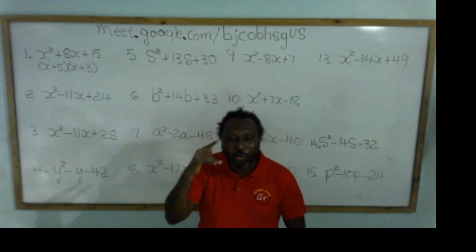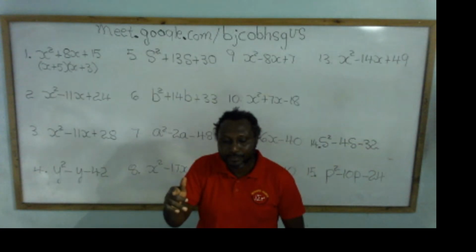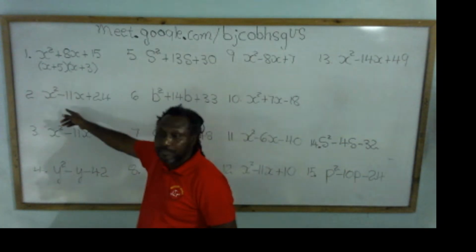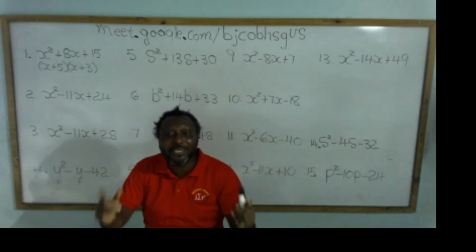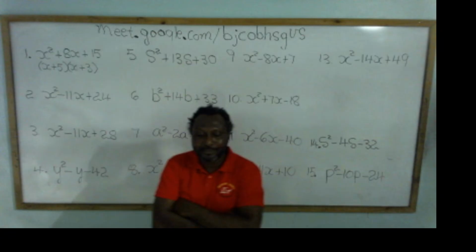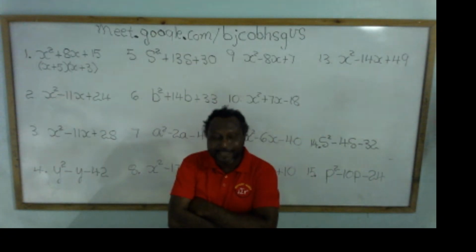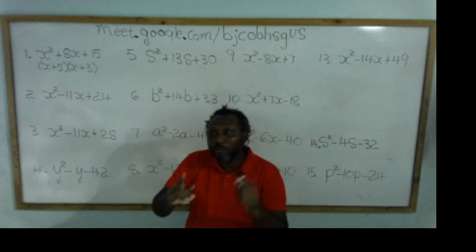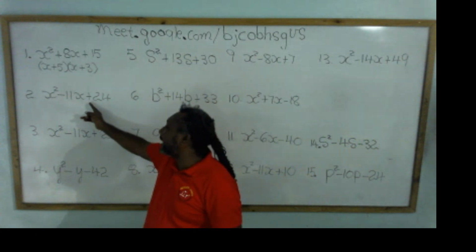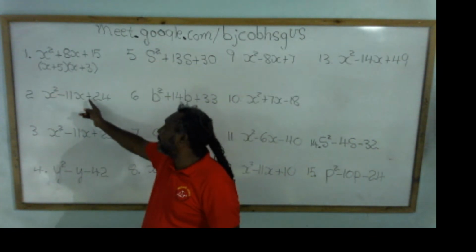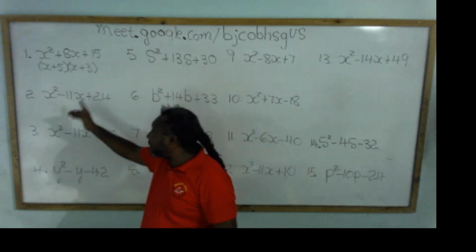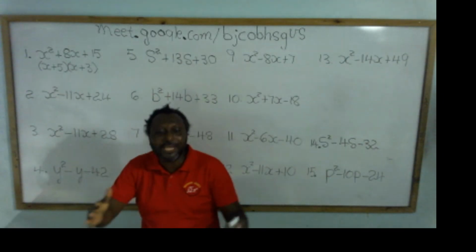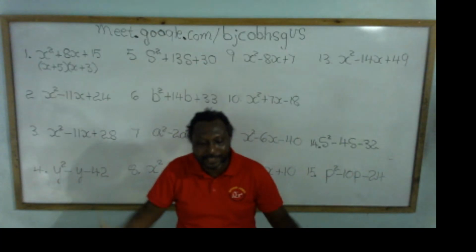You have gone through that door never to return. Then when you see the sum is negative, that tells you that the two numbers must be negative. First of all, you have to conclude the two numbers have the same sign because the product is positive. The sum is negative. That tells you that the two numbers are negative.